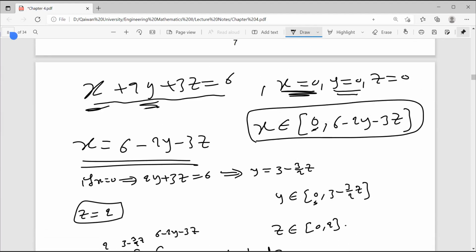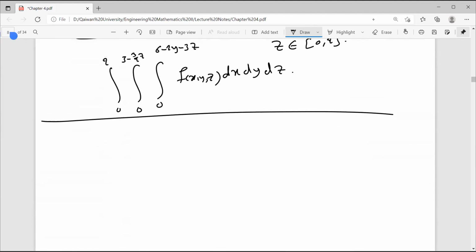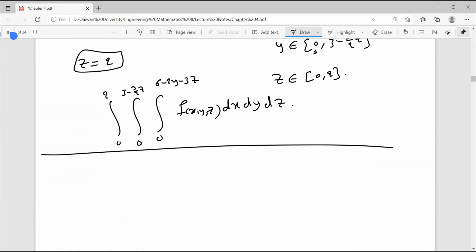We say from this equation, we can say y equals 3 minus x over 2 minus 3 over 2 z. Let me write down the equation: x plus 2y plus 3z equals 6, and here x equals 0, y equals 0, and z equals 0.